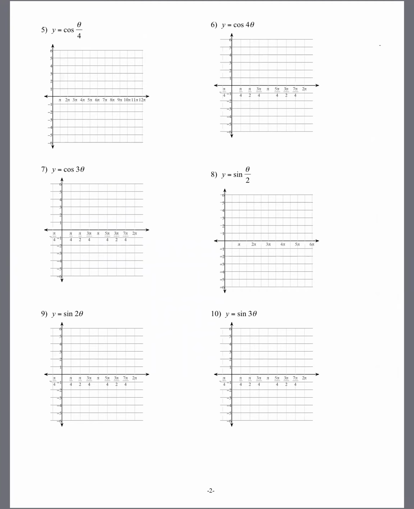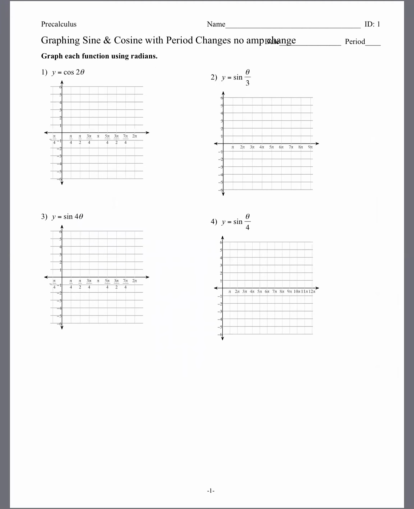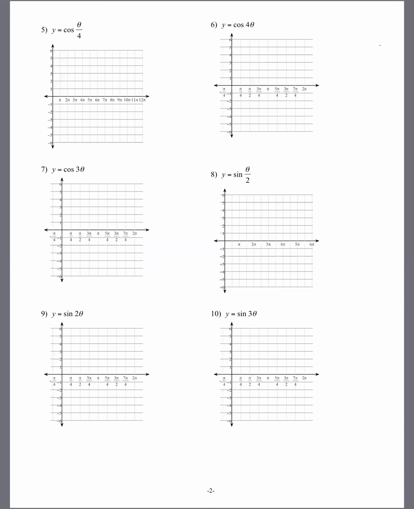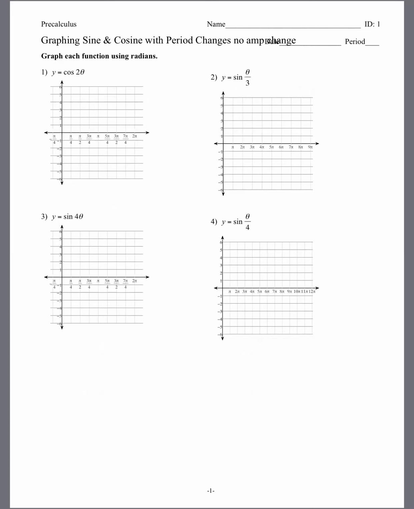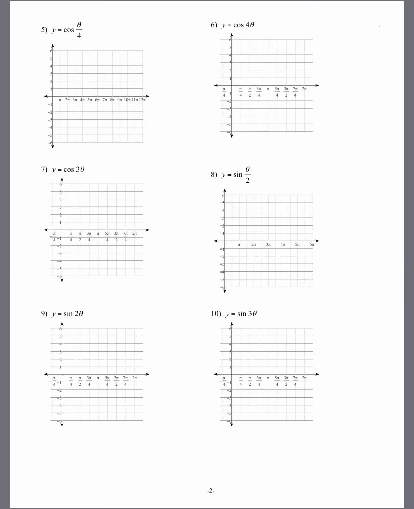Okay. So see how number 1 and number 9 are both going to have the same period. So you don't have to go through and find all the quarter points again. You already have them, right? Same thing for number 4, which has a 1/4. I saw one over here too with a 1/4, right? Number 5 has 1/4. So you already know those numbers. You don't have to go back and find them.